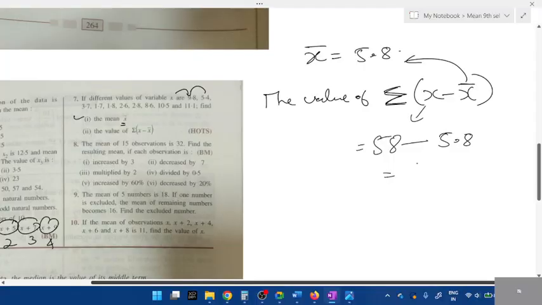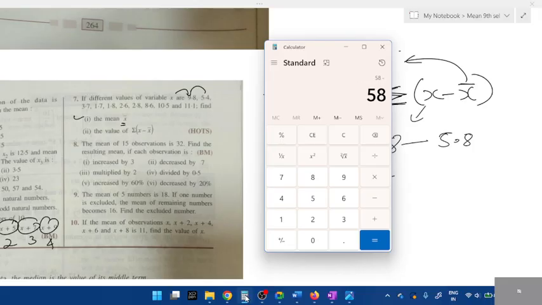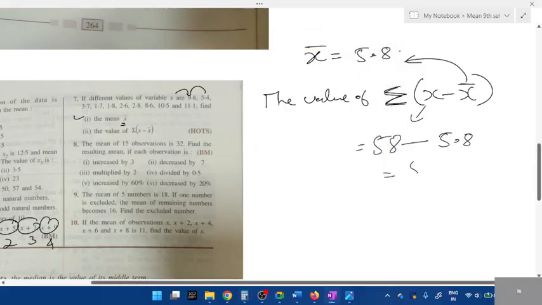Let me know if it's right. What's the answer? The second one, is it 52.52? x minus x dash?